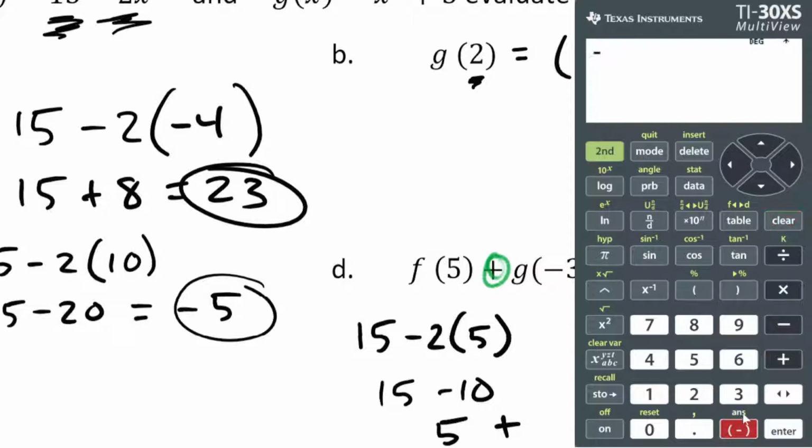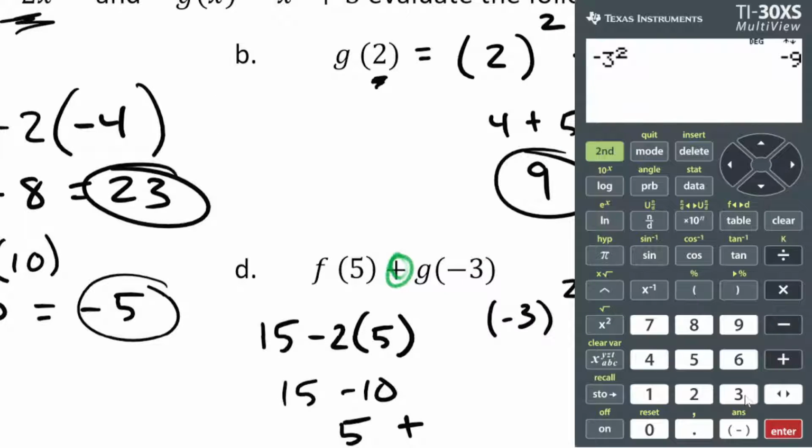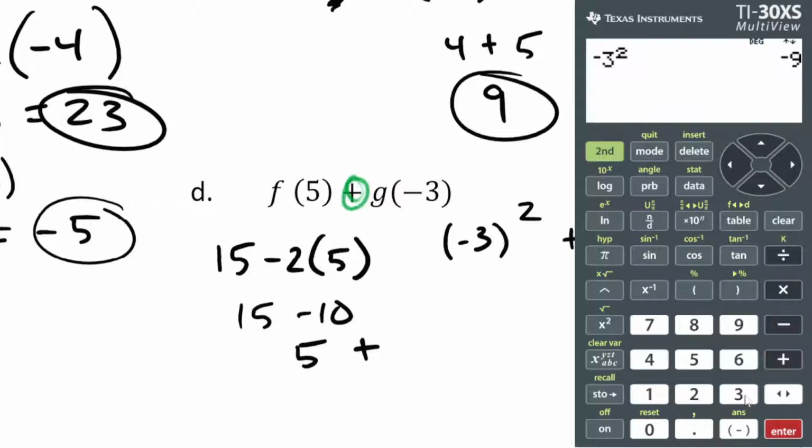If I was to enter the opposite of 3 squared, this calculator is going to say negative 9, because that's what the opposite of 3 squared is, right? That's not what we have here. What we have here is that x is getting squared, and playing the role of x is negative 3. So I need to show that negative 3, there it is, the whole thing, negative 3 gets squared. And when I square negative 3, I get 9.